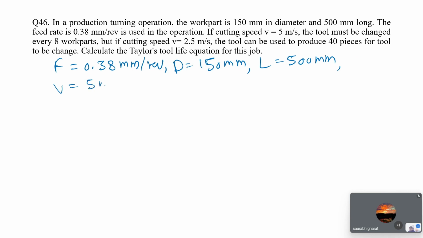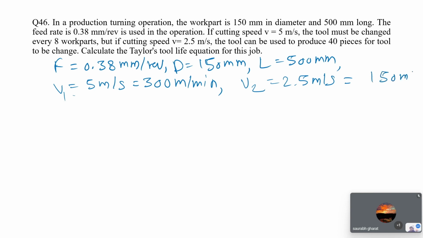It is 5 meter per second, just multiply it by 60. One is 300, and the second one is 150, divided by 2, it will be half. So equal to 150 meter per minute.